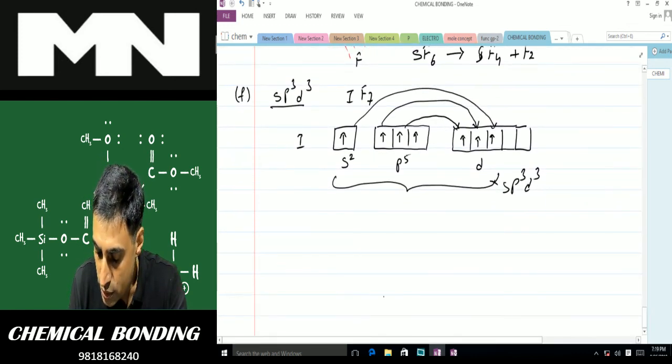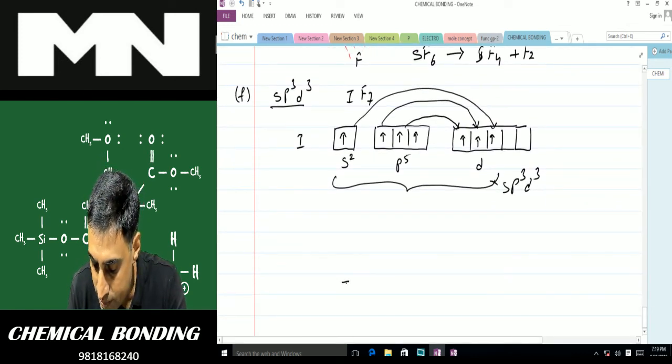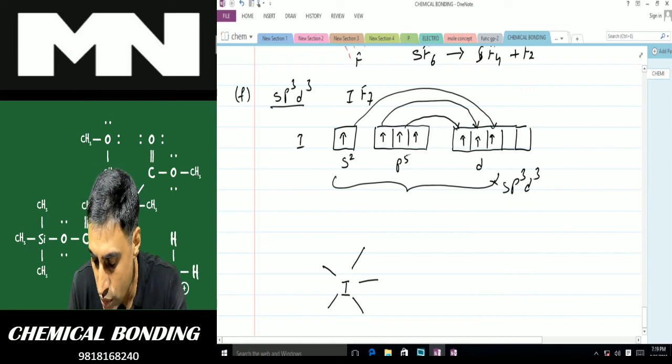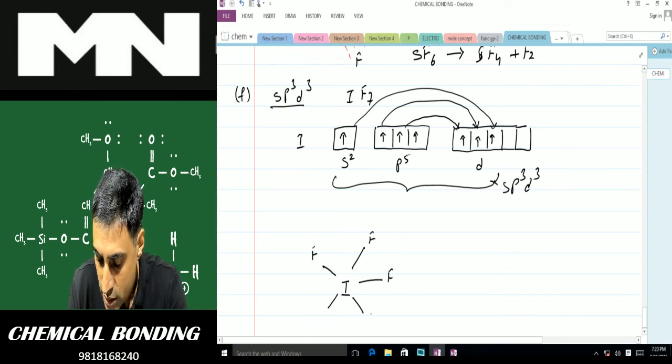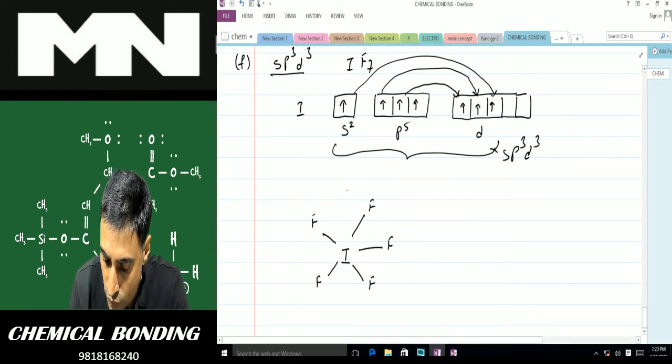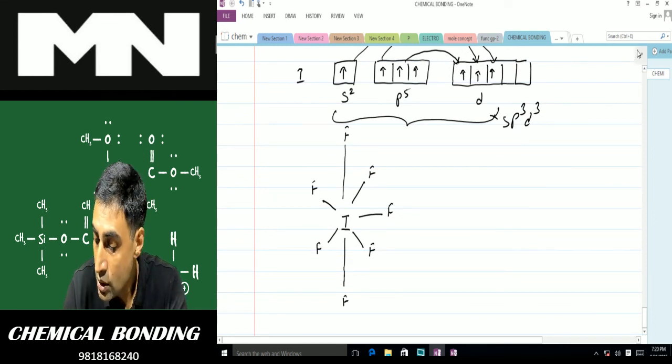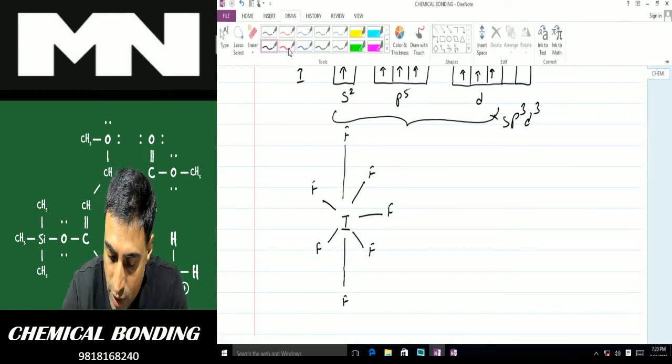So here also, if I have iodine like this, I'll have fluorine 1, 2, 3, 4, 5. 1 fluorine, 2nd fluorine, 3rd fluorine, 4th fluorine, 5th fluorine, and 2 fluorine atoms on the axis. So one is here, another one is here. We'll see the shape of this molecule.